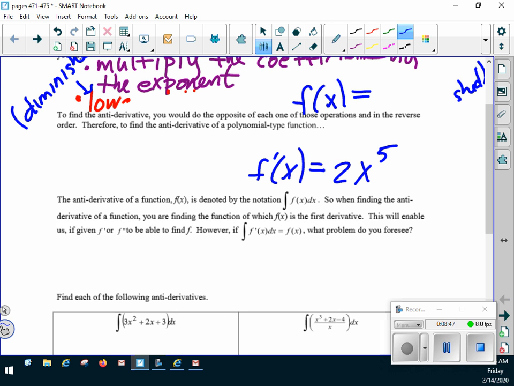I erased it. The first thing you said to do was add 1 to the exponent. And then divide the coefficient by the new exponent. So 2 divided by 6 is 1/3. Ladies and gentlemen, is this the derivative of this for real? You dang right it is. For real.